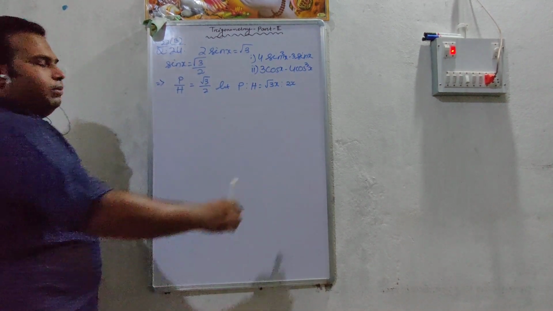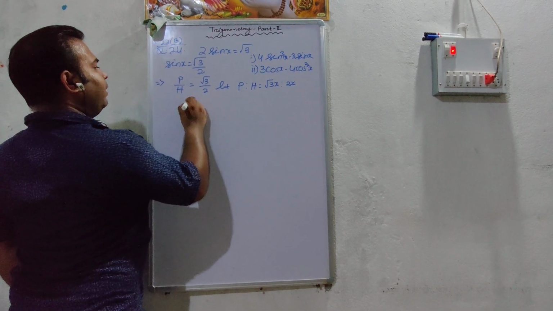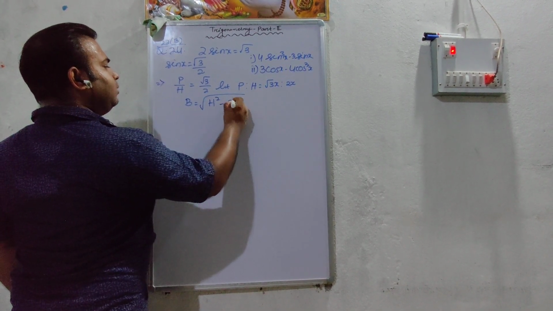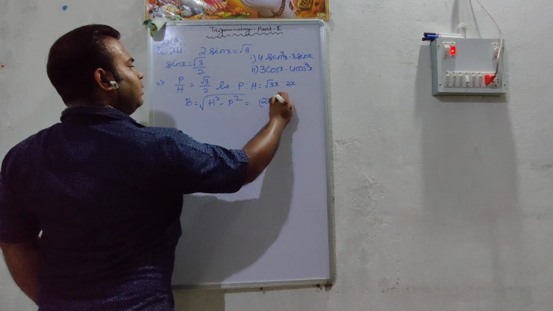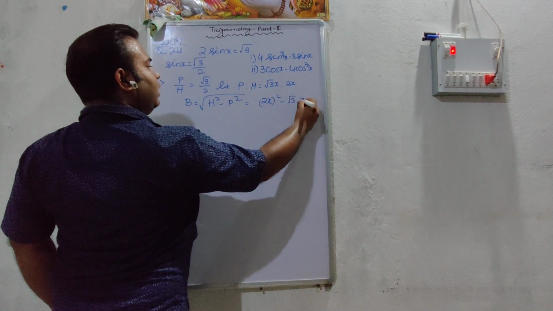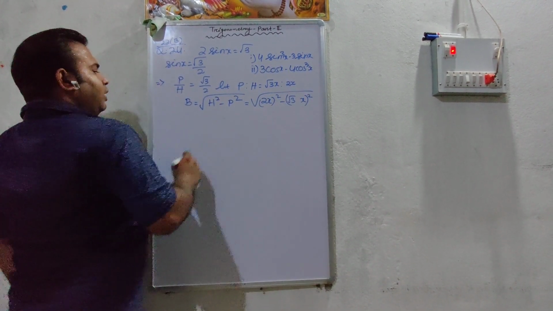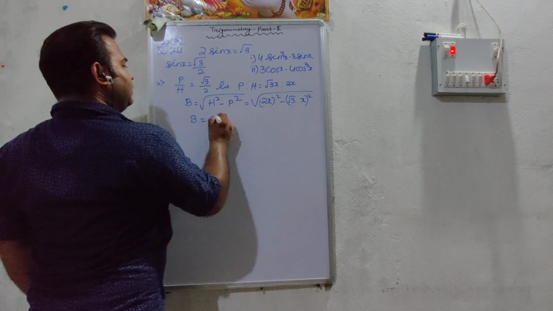From this relation, you have to find the value of b. How to find b? b equals the square root of h square minus p square. It will be 2x square minus root 3x square, square root of 4x square minus 3x square, it will be x square, so b will be x.